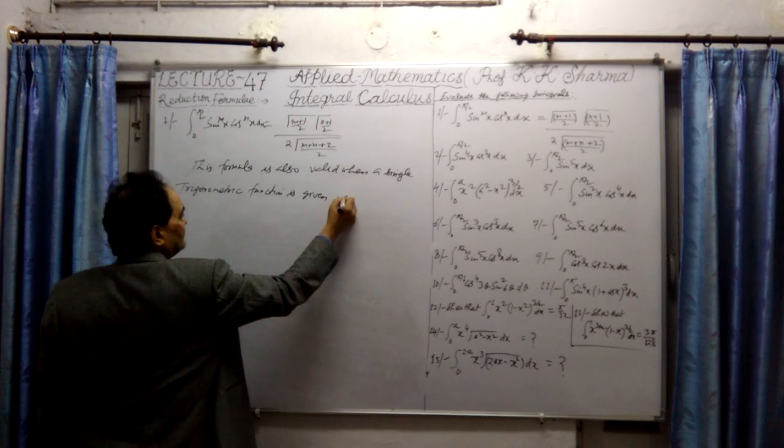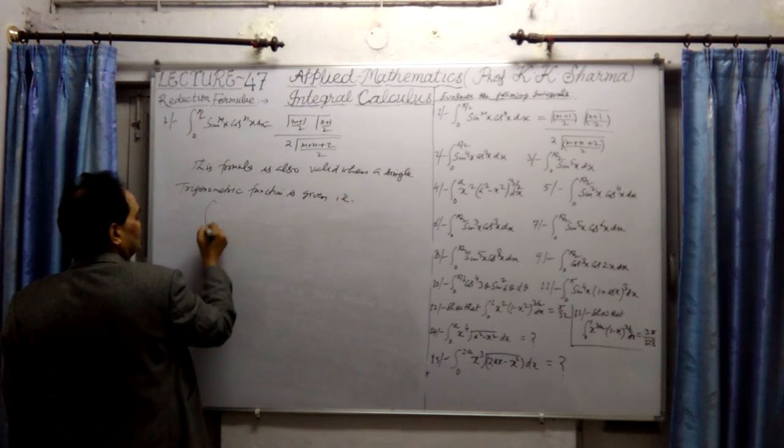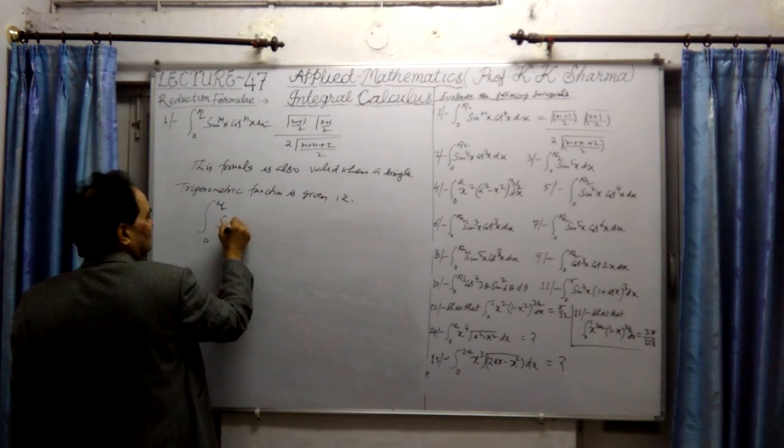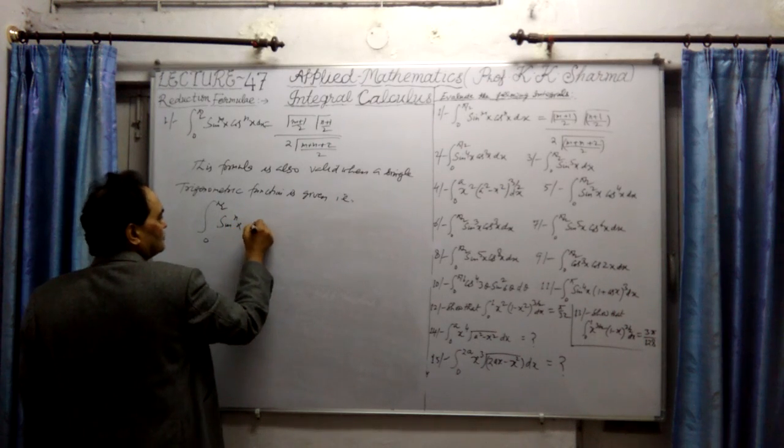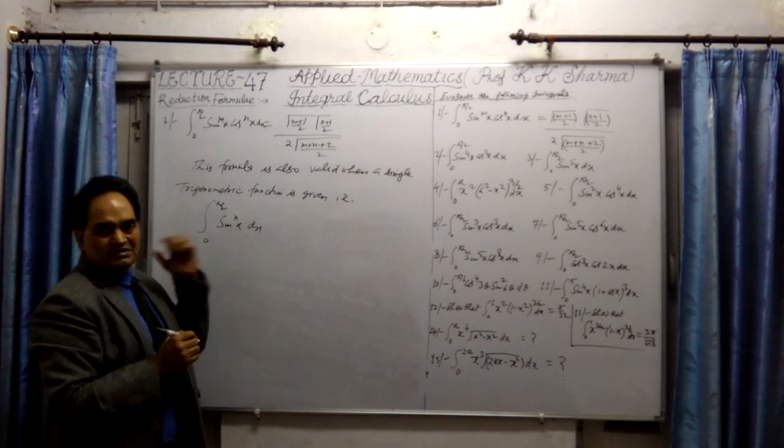That is, if I express the integral from 0 to pi by 2 of only sin nx, with no cos x given, then also we can apply the gamma function.